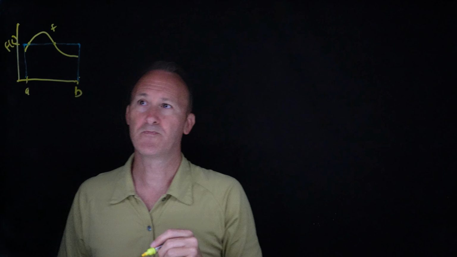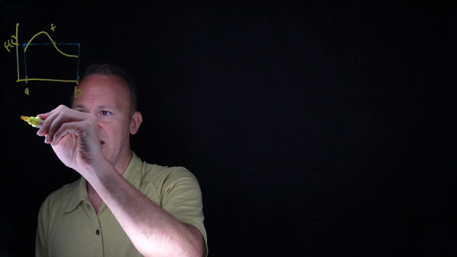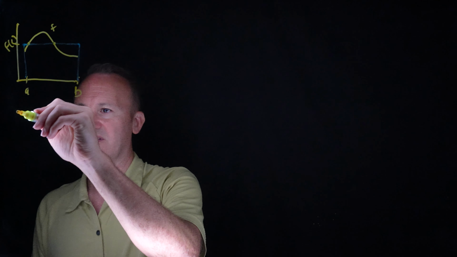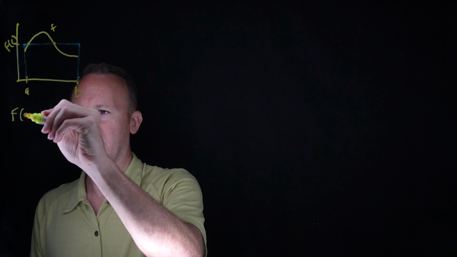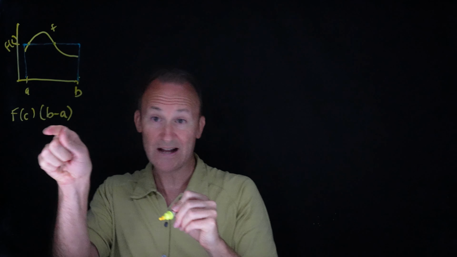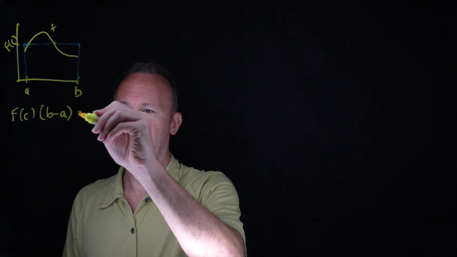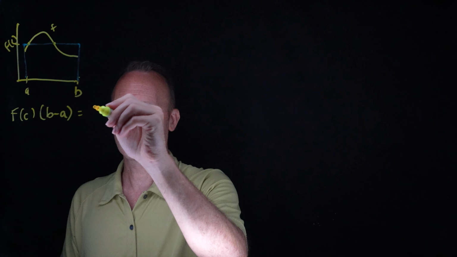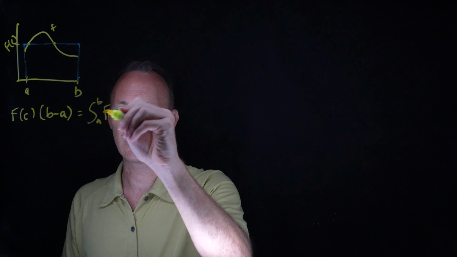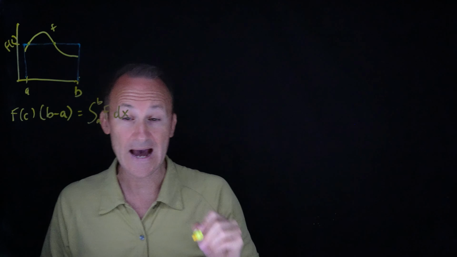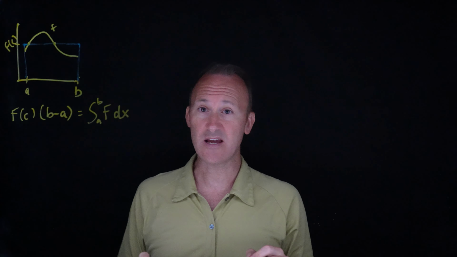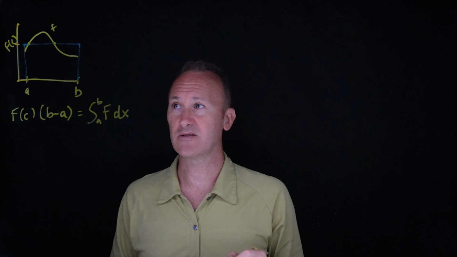So what we have now is f of c, the height of the rectangle, times b minus a. That's the area of the rectangle, and that equals the integral from a to b of f dx.